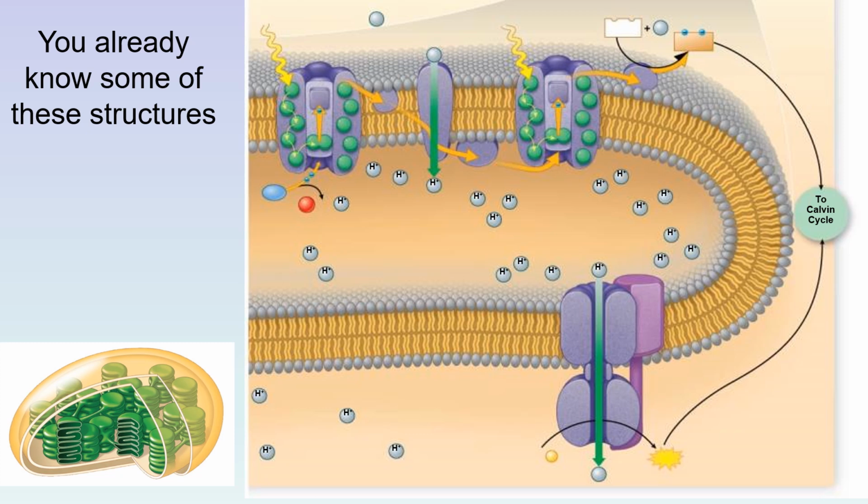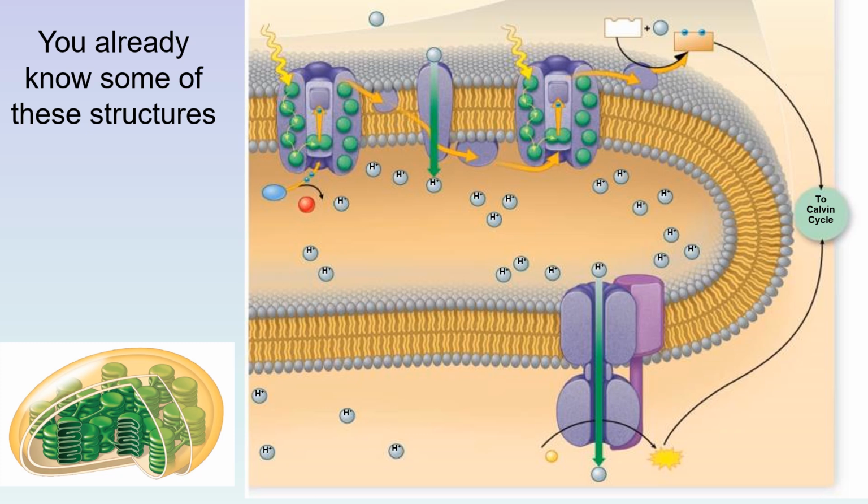Oh, what is this? I'm kidding. Remember, when you look at a diagram like this, you first want to identify the features that you know. Strange. Some things here seem somewhat familiar. Let's start with location. The coiled membrane that you see here is a thylakoid membrane.